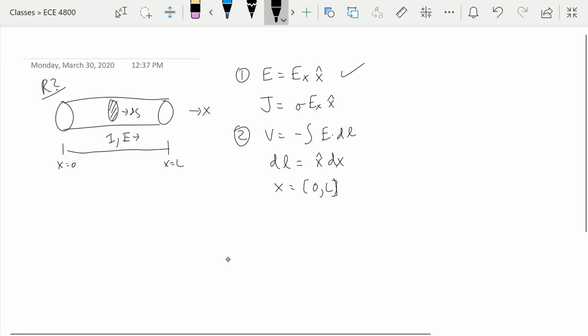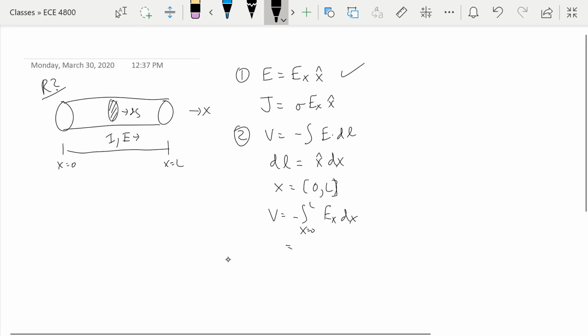All right. So our voltage is equal to the negative integral from x equals 0 to L of E dot dl. Our E is E_x times x hat, and our dl is x hat times dx. So when you take the dot product of these two, you just get E_x dx.